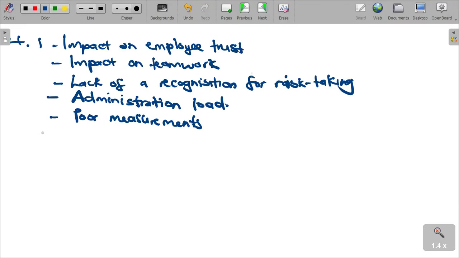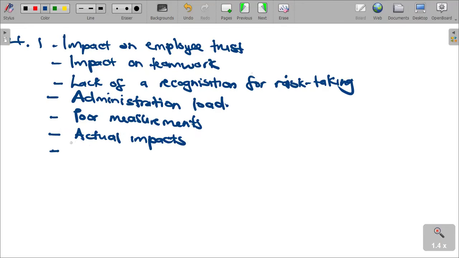And you can find that there is the actual impact of the process. The performance appraisal may not result in much change.